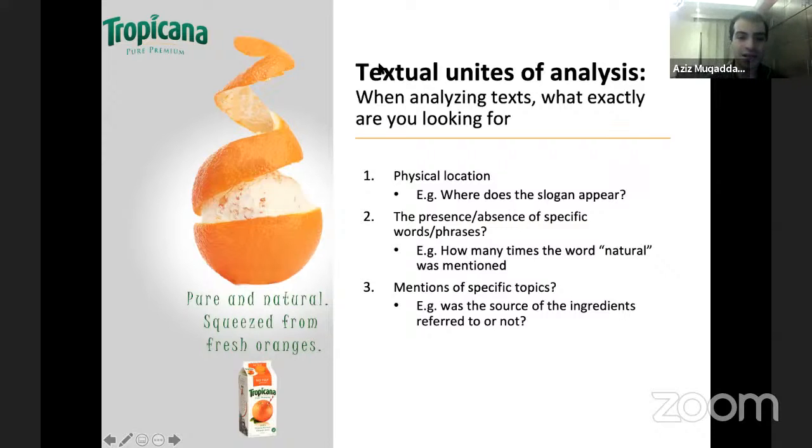Then in content analysis, we get into a new thing: mention of specific topics. For example, whether the source of the ingredients is referenced or not. Here we're not talking about specific words. We're talking about a class of things, like the weather elements, or national or geographic origin. Is it from California or from Florida?